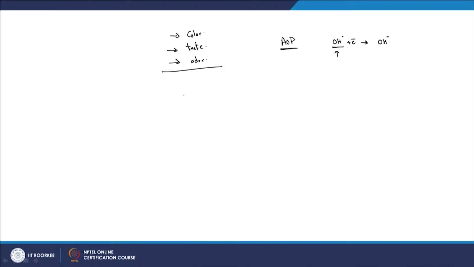So the relevant half reaction that I am going to write down: H3AsO3 plus H2O gives H3AsO4, and it's obviously going to be 2 electron transfer plus 2H+, right?